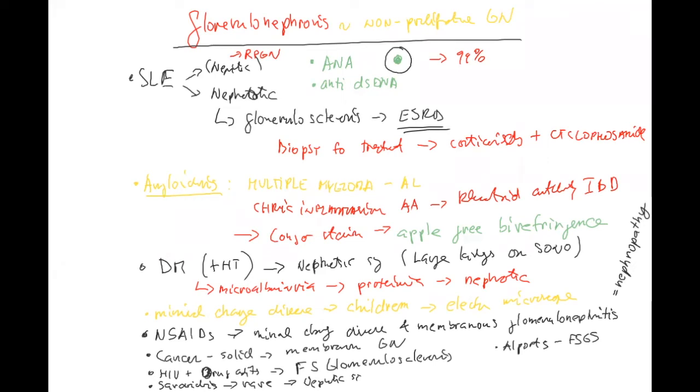And definitely what they will have is a problem with calcemia. Remember, they can have hypercalcemia. So if someone asks you about these three things, especially lung problems and hypercalcemia, and maybe some nephrotic syndrome, remember it's sarcoidosis, okay? So those were the cases of mainly non-proliferating glomerulonephritis, okay?